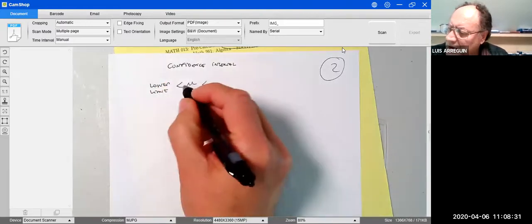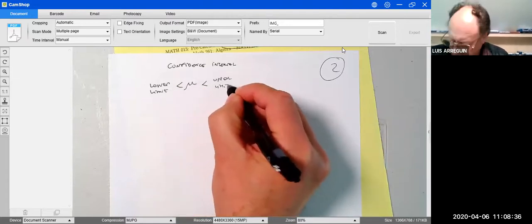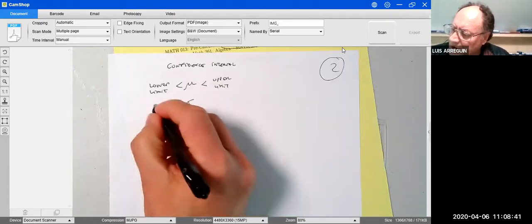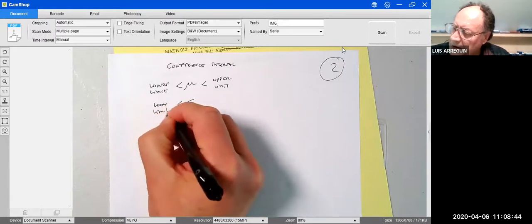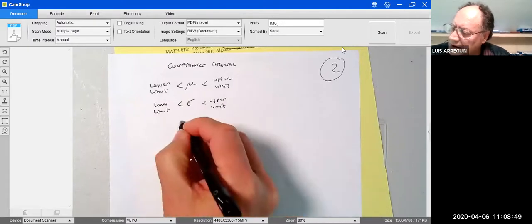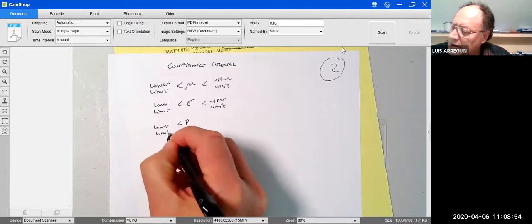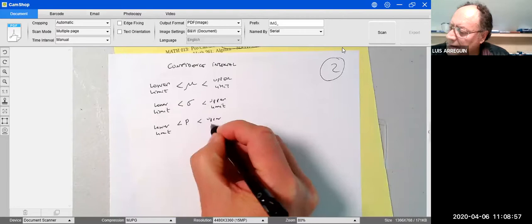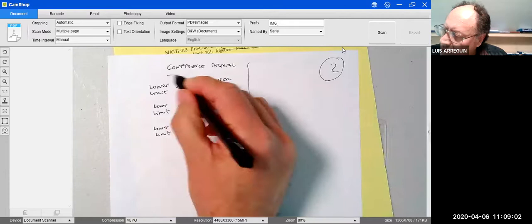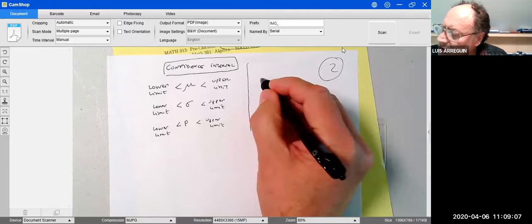For example, you're going to have a lower limit and an upper limit for the mean. If you are looking for the standard deviation, you're going to find a lower limit and an upper limit for the standard deviation. And finally, for the proportion, you're going to find a lower limit and an upper limit. So this is one way to provide the answer by using this notation, and the other one is the one that I just mentioned before.